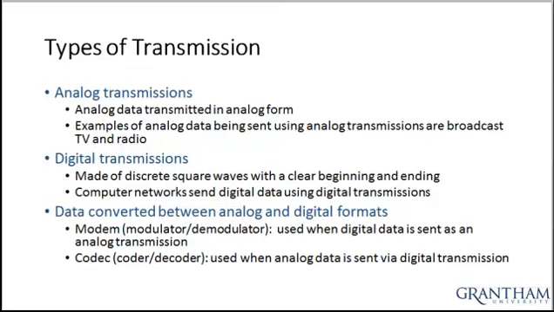You have analog transmission, which is used for TV and radio. Then you have digital transmission. What this means is that data is transmitted in discrete squares, you have highs and lows, up and down, or off and on, whereas on the analog you have that sinusoidal transmission.